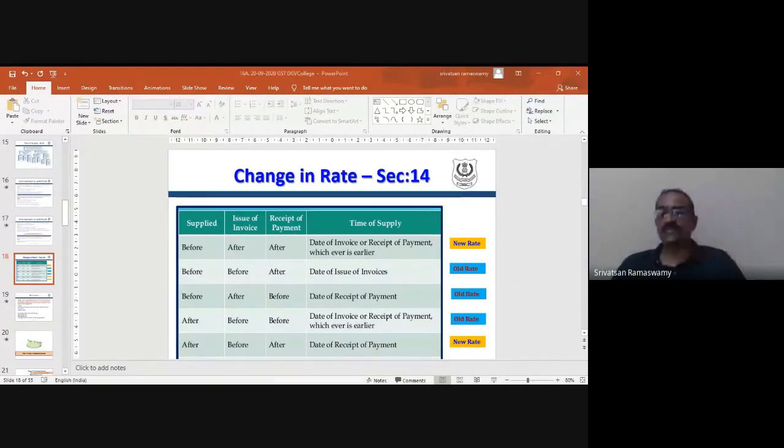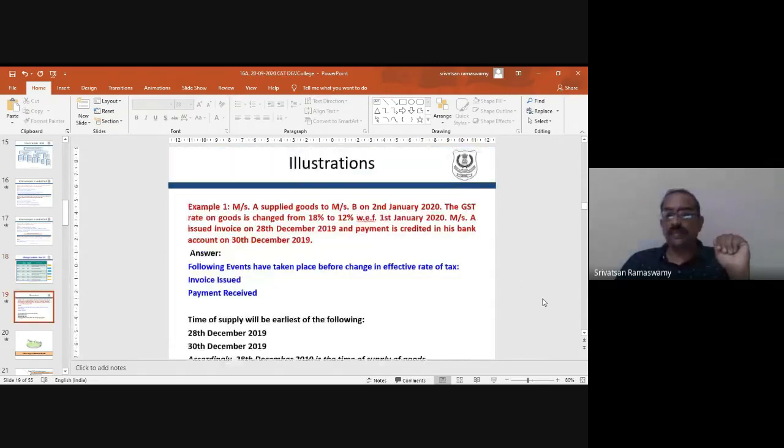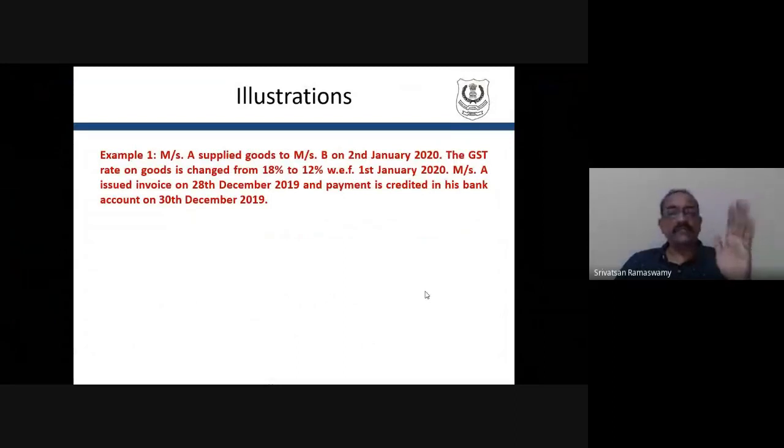I will explain this again for the sake of clarity for Kritika. I will take the same example and try to explain it to you again. See here, there is a supply from A to B, and the actual supply is on 2nd of January.